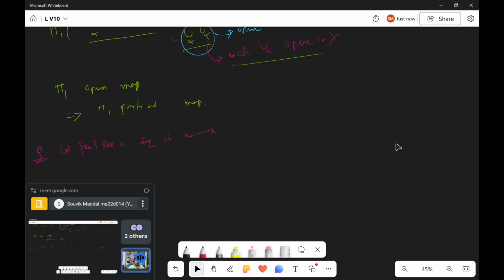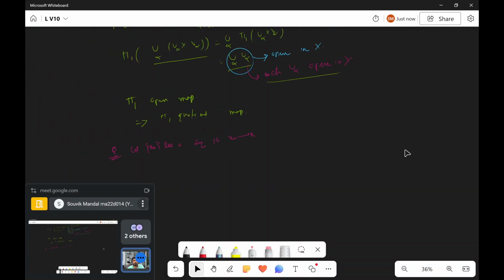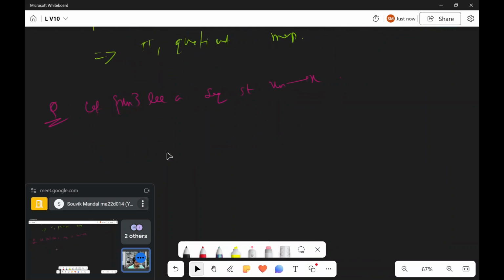So x_n is a sequence that converges to some point x. Show that the set {x_n} union {x} is compact.